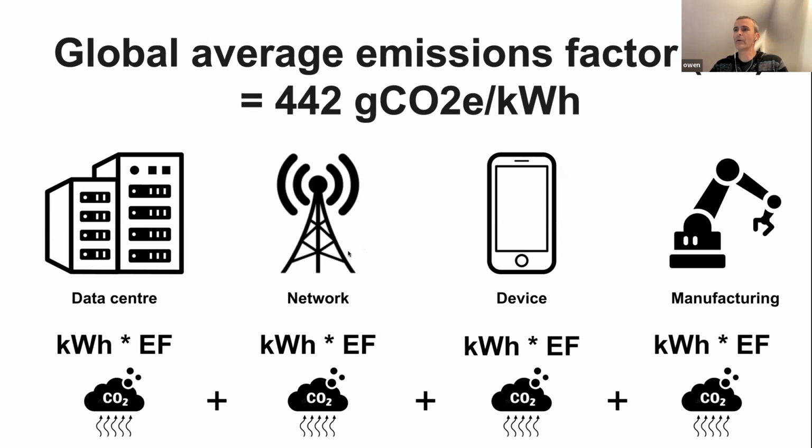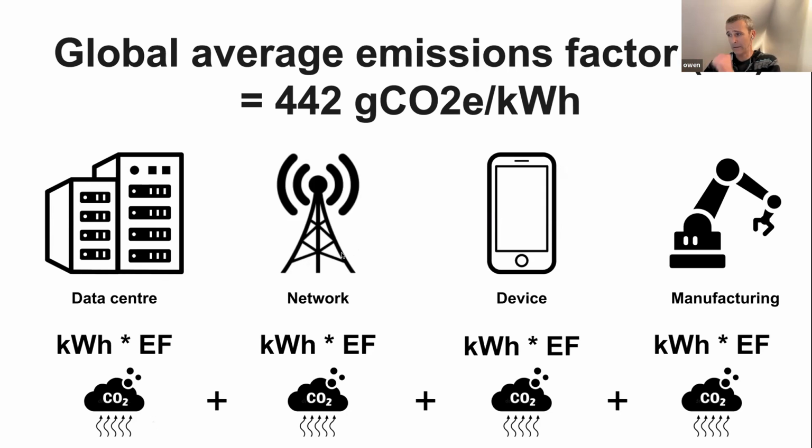If you know where your data center operates and you know what the carbon emissions are associated with electricity use in that area, then you can calculate the greenhouse gas emissions associated with the energy use for transmitting the data required by your application across the internet.